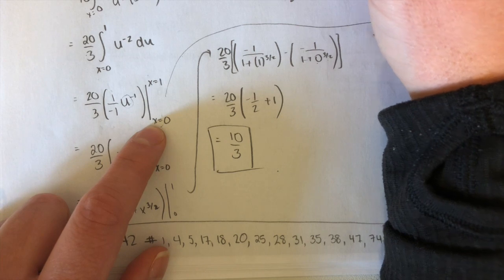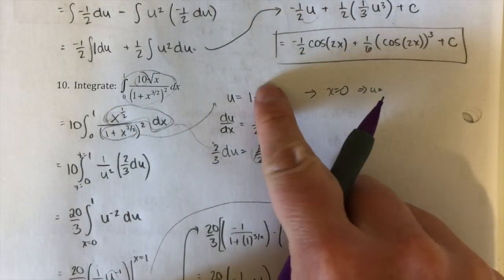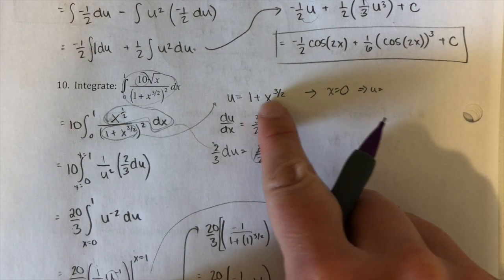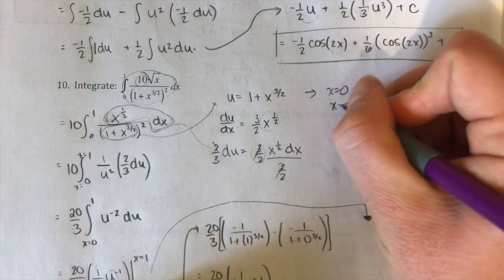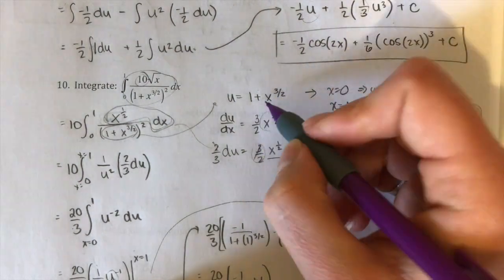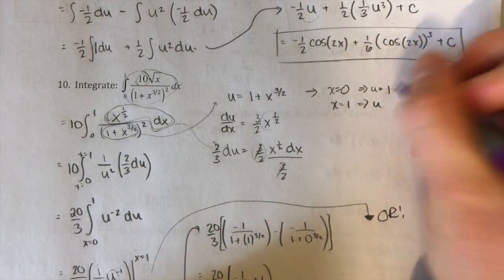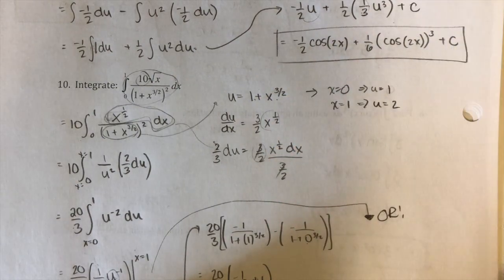So when x equals 0, we can plug our x values in here. If x is equal to 0, u is equal to 1 plus 0, so u is equal to 1. If x is equal to 1, it's going to be 1 plus 1, so u is equal to 2.